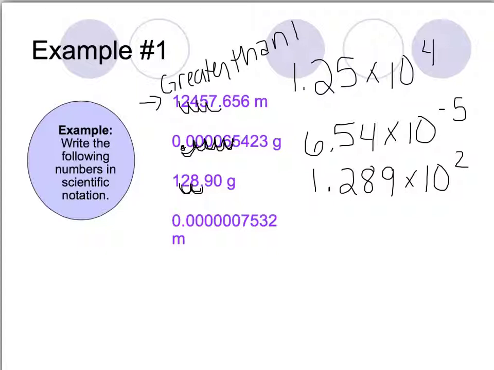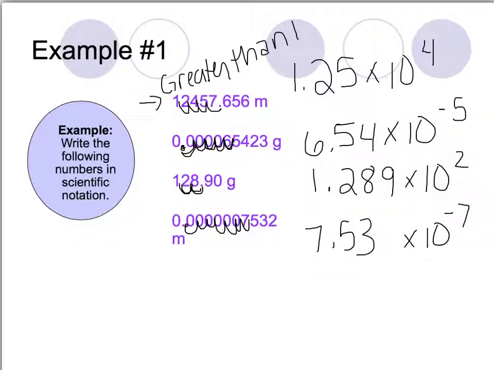Now if we look at the next one, is this number greater than or less than 1? Obviously it's less than 1. So it's going to have a negative exponent. And what is the negative exponent? Let's start by 1, 2, 3, 4, 5, 6, 7. So it's going to be times 10 to the negative 7th power. But what goes before? 7.53.